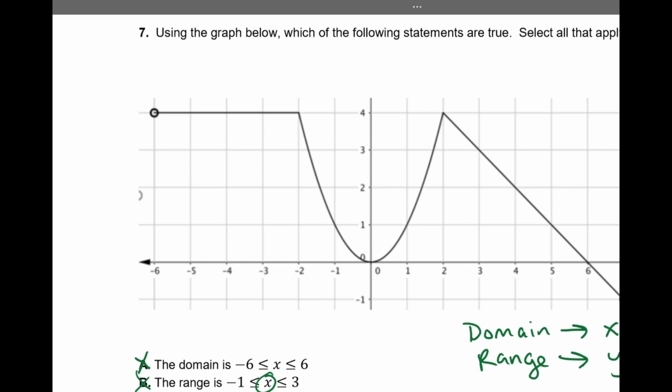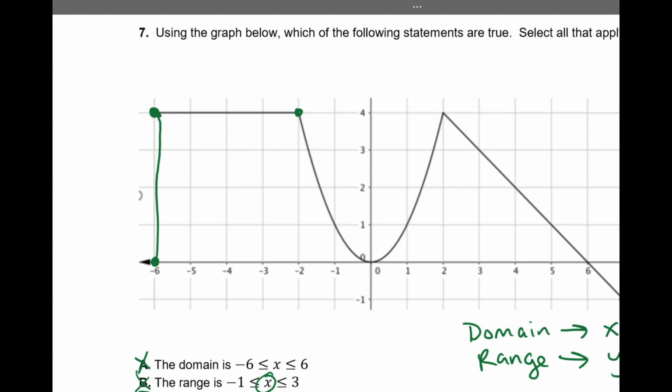Okay, the graph is constant when -6, so constant just means it's straight, when -6 is less than x, or less than or equal to -2. So let's see. X is -6, so that's this point right here, and -2. Well, yeah, my line is straight, so this is a constant.